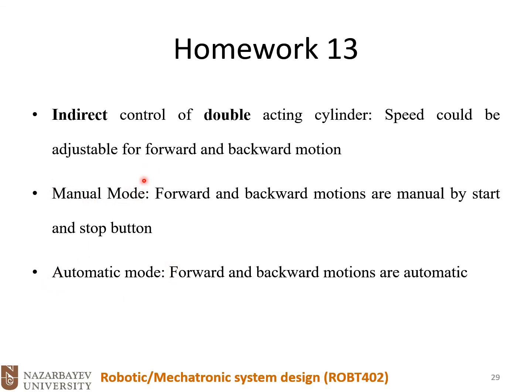On the manual mode, we want to have forward and backward motions, both manual by start and stop button. Okay, and on the automatic mode, we want to have forward and backward motion, both automatic.